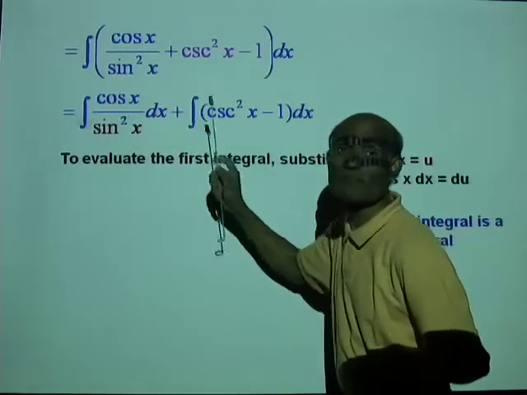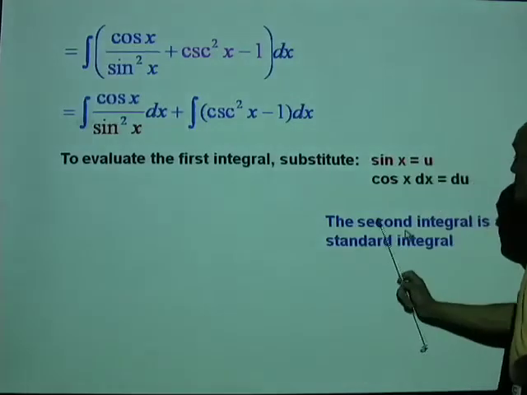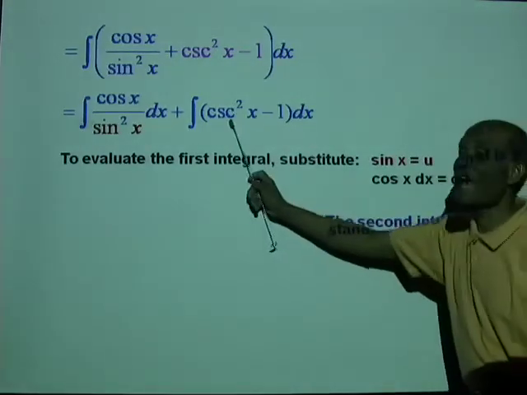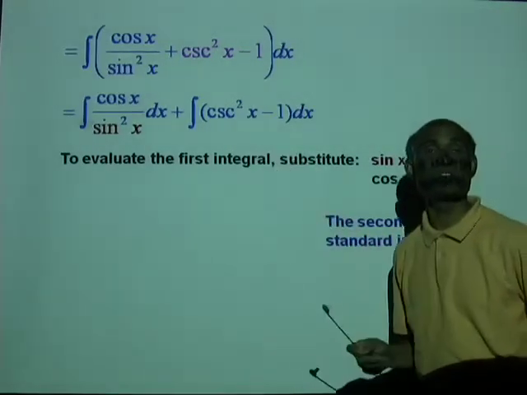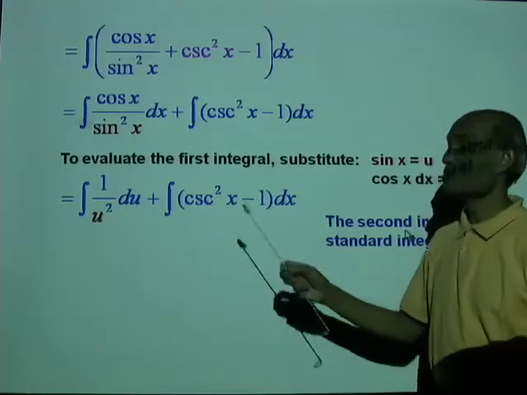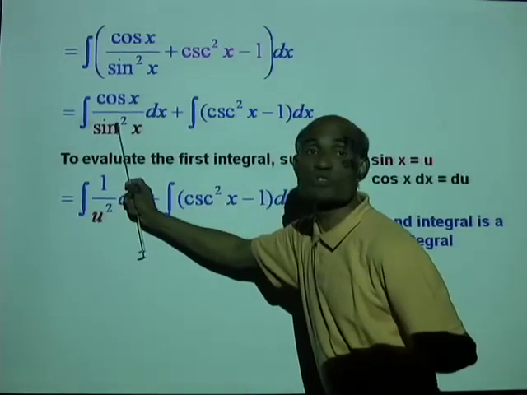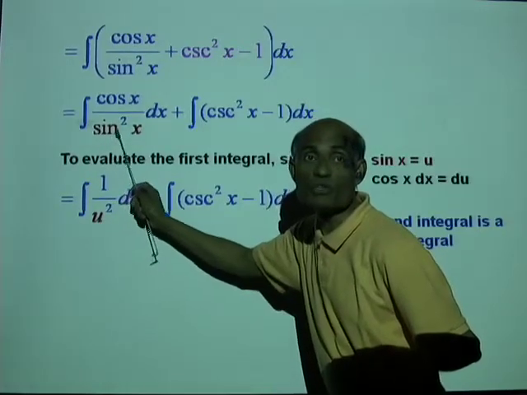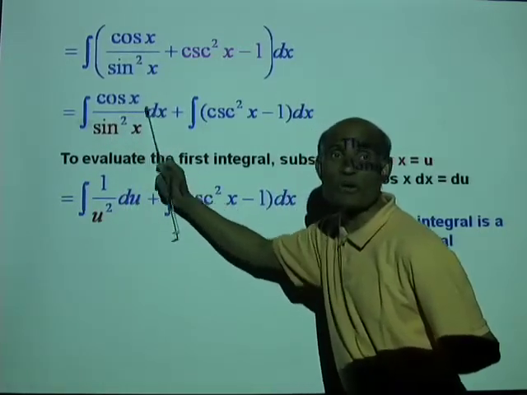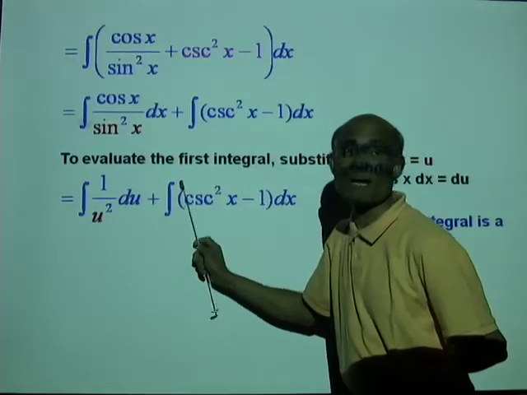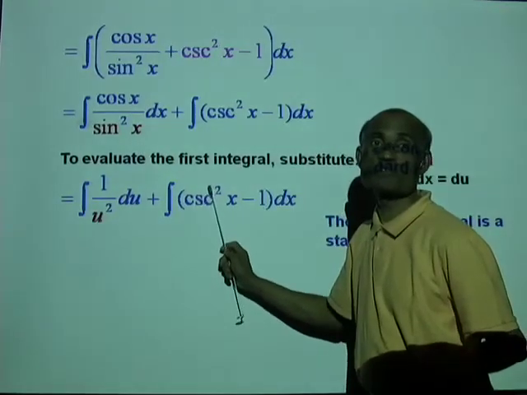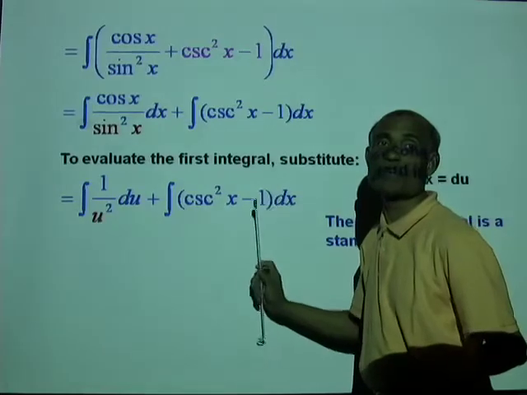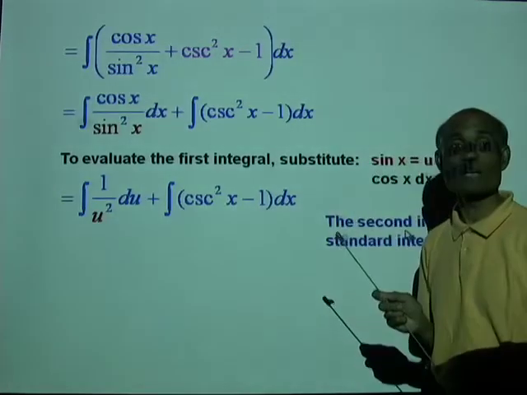That's right. And the second integral is a standard integral. We can do that without any substitution. So with the substitution, the first integral becomes integral 1 over u squared du, since cos x dx is du, plus integral cosecant squared x minus 1 dx. Now all these can be integrated.